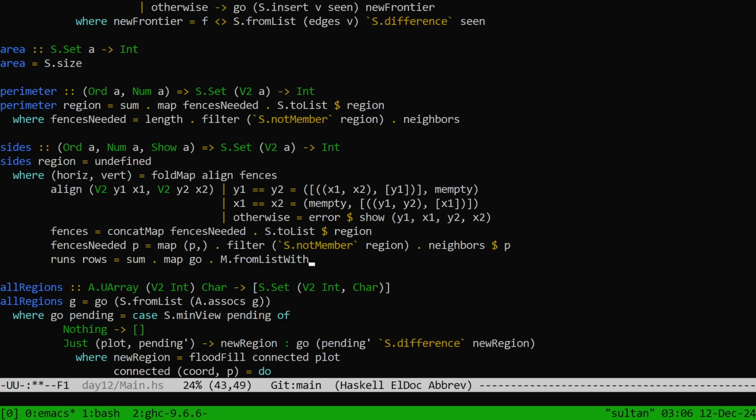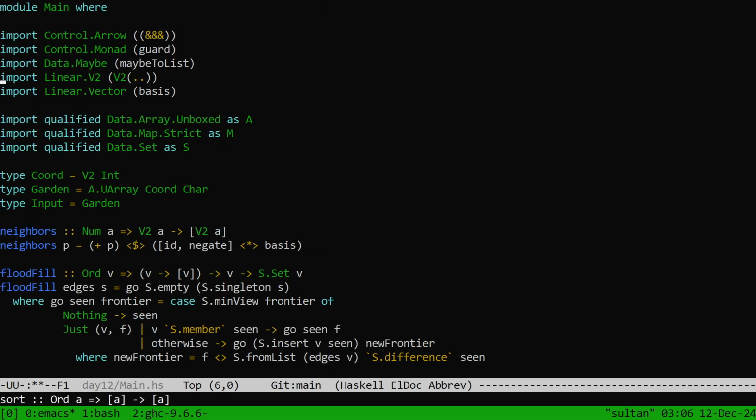fromListWith fmapGo, because we only want to look at the values, and we should sort as well, right? Gonna have to import that.